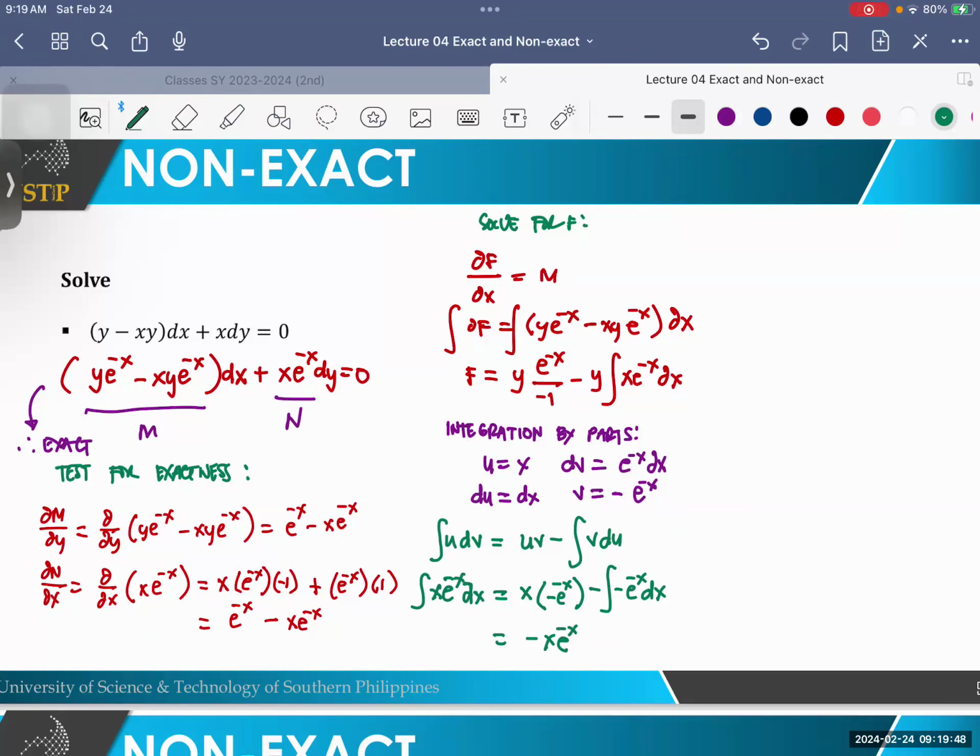Then negative times negative becomes positive. But when you integrate this whole expression, it becomes negative again, so negative e to the negative x. We will add the plus C only at the very end.